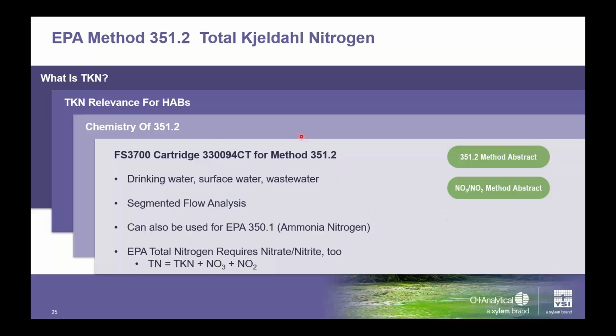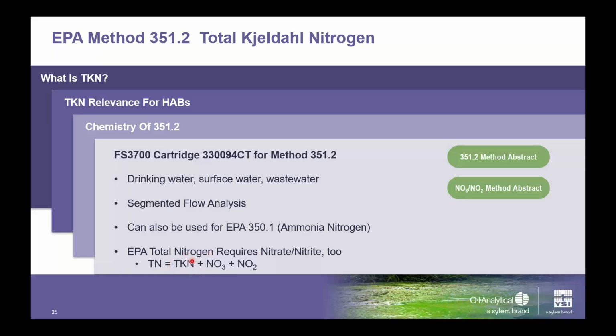And by the way, this cartridge can actually be used for some other EPA methods, and you can read about that when you get that method abstract. We also offer a single cartridge for nitrate and nitrite, because remember, if you want to get total nitrogen, you'll have to measure these as well.